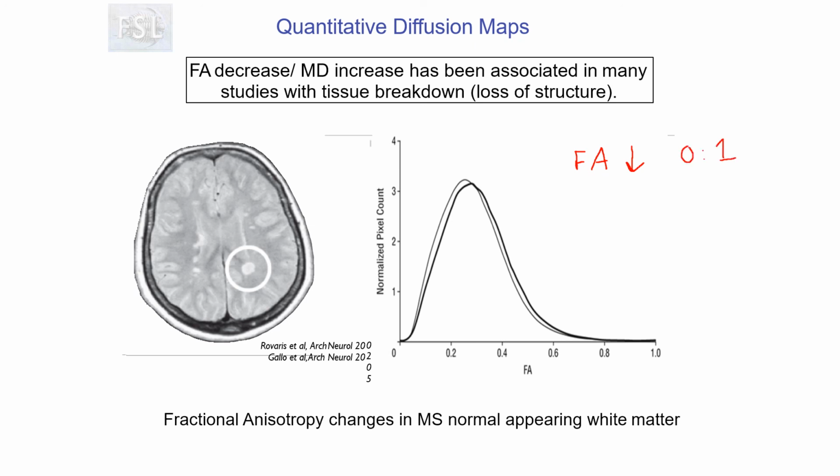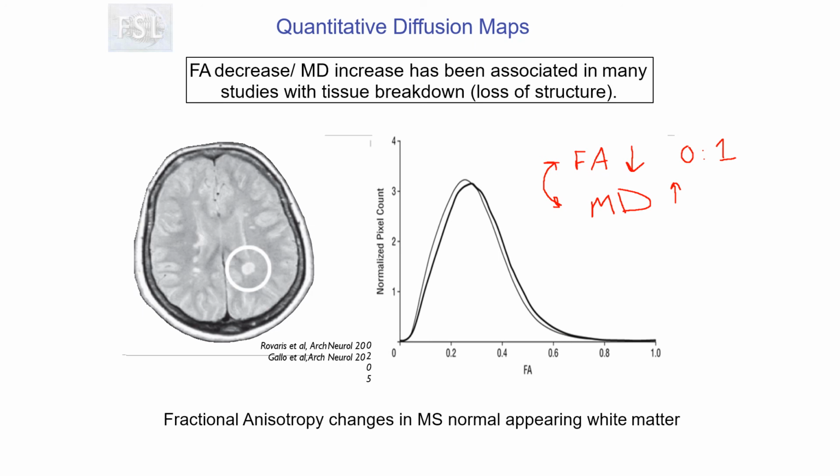If FA decreases, mean diffusivity, which is the average of those 3 eigenvalues, tends to go up in areas where FA declines. And particularly when you have both of those, FA decreasing and mean diffusivity increasing, that tends to indicate some sort of breakdown in tissue.